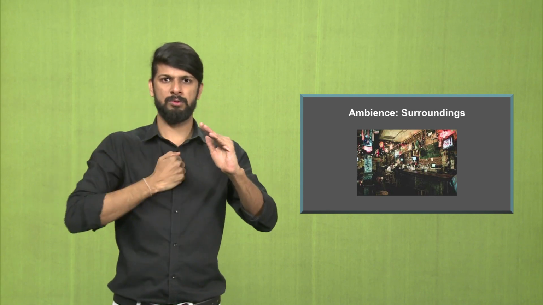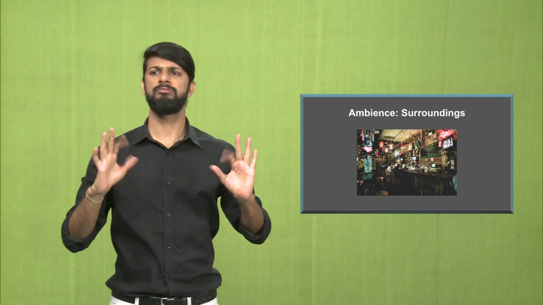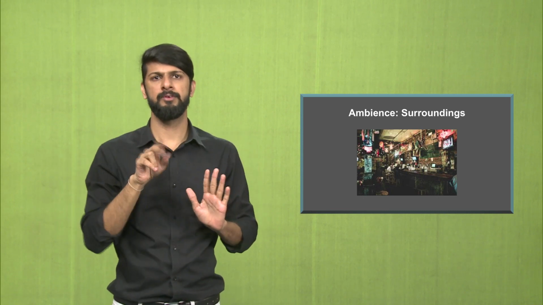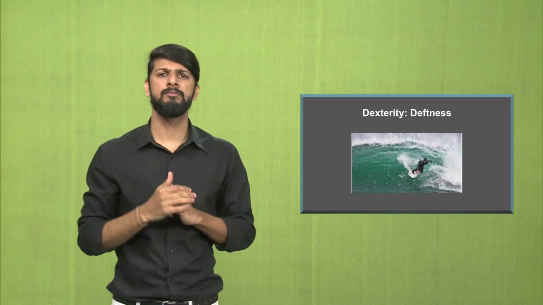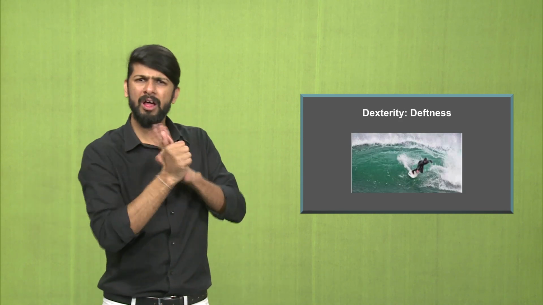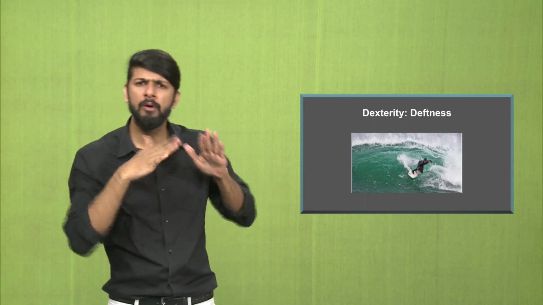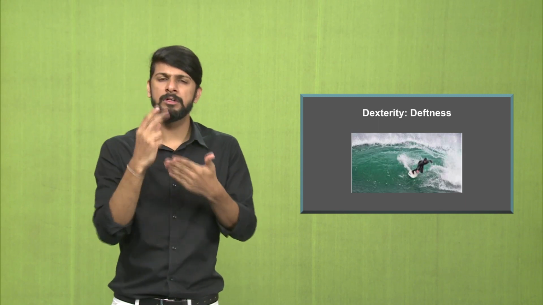For example, the home environment, if I am at home, you would have a different kind of cozy, your own homely kind of ambience. Dexterity, as you see in the picture, a surfer, highly skilled, is balancing himself or herself on the wave of the water.